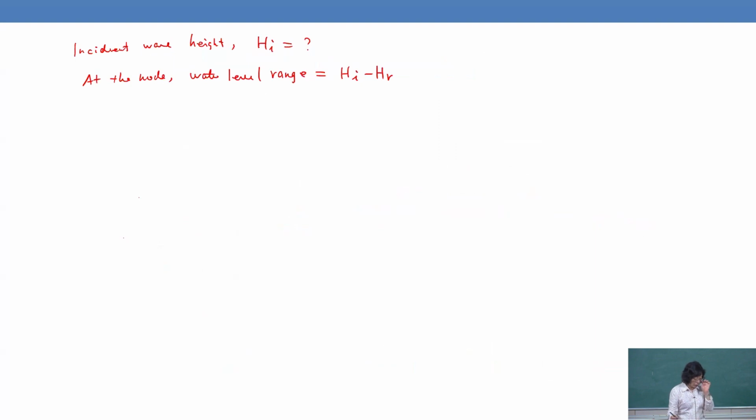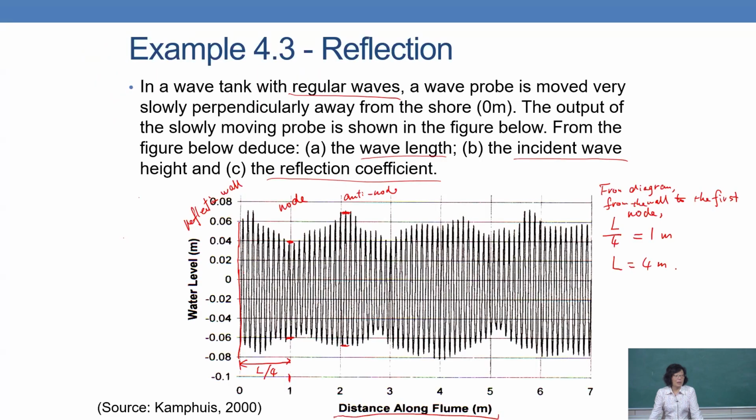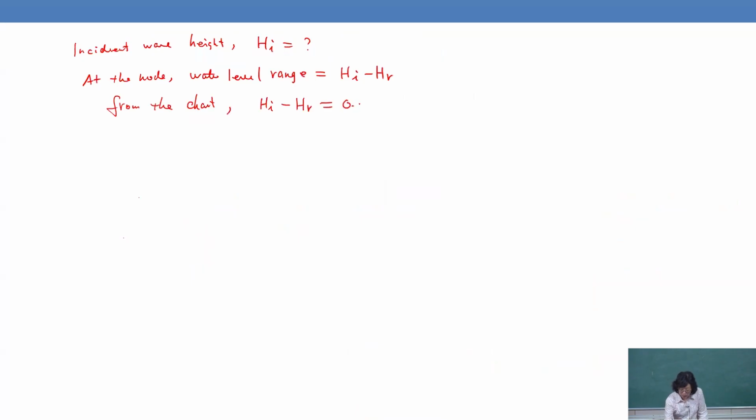For the first one, from the chart, HI minus HR equals what? Roughly, from minus 0.6 to 0.4, so the range is 0.1, right? So that's 0.1.